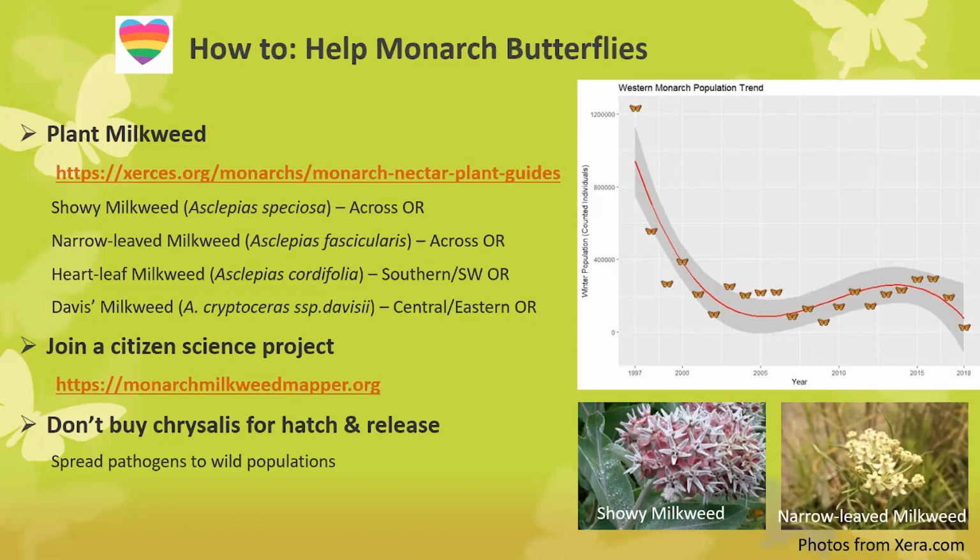I've listed the species that's correct for Oregon or different parts of Oregon. And if you plant milkweed, you might consider joining a citizen science project called Monarch Milkweed Mapper. They do just as the name of their website suggests.